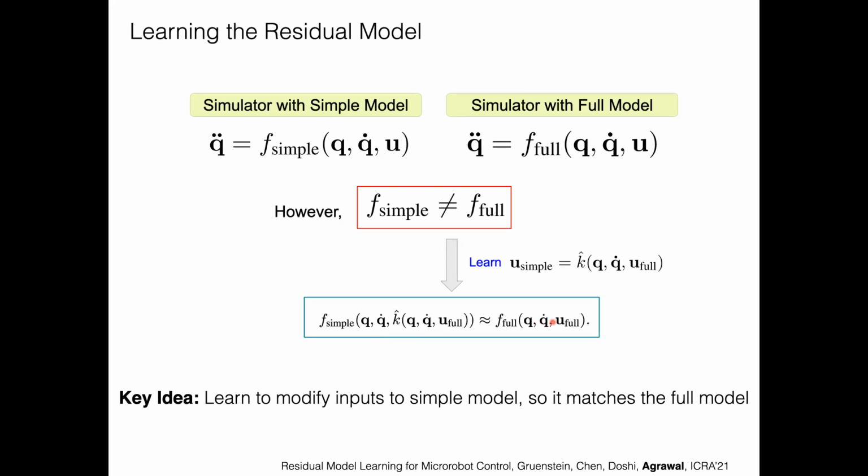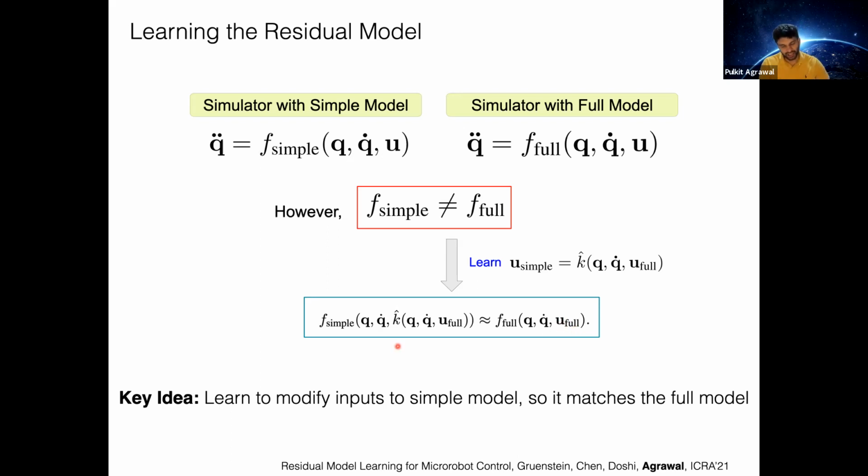So what I have done is I've transferred the nonlinearity into the action space. I'm saying, suppose I put u full, I would have got a desired outcome. But if I put u full in the simple model, my prediction is going to be way off because my simple model is not the same as f full.